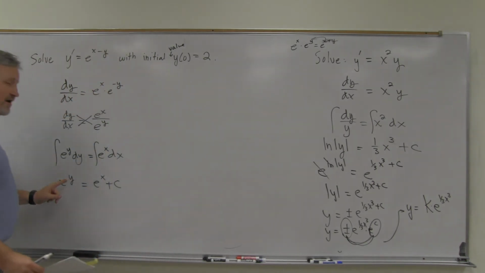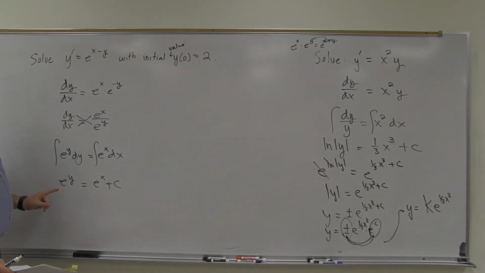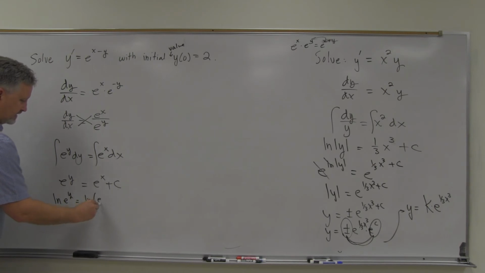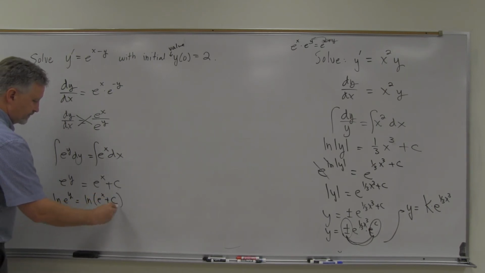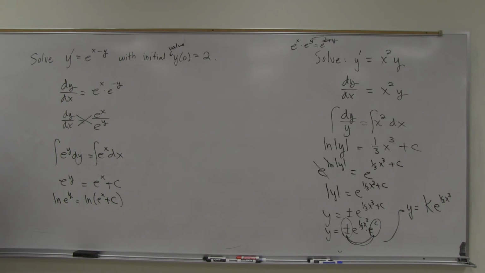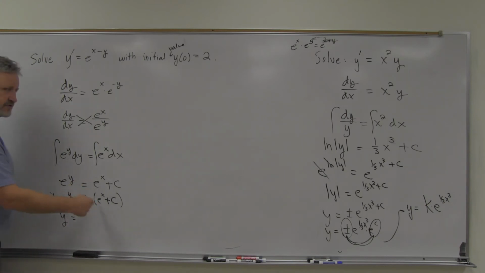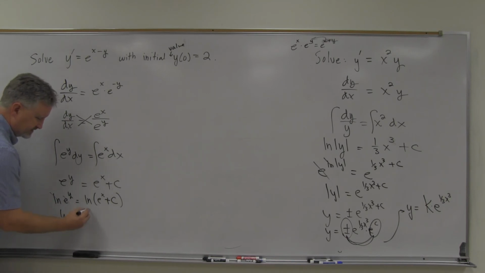Here I have base e to the y, so guess what I do? ln both sides. ln e to the y equals ln of e to the x plus c. The ln and the e will cancel, so this will just be y. You can't do that over here because you've still got a plus. That doesn't simplify as nicely, so we'll just leave it as ln of e to the x plus c.